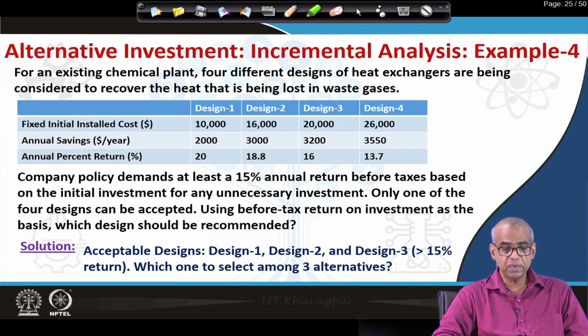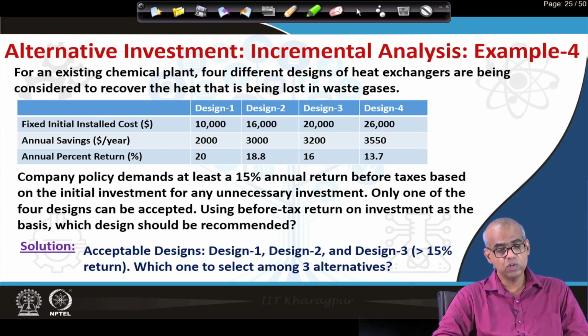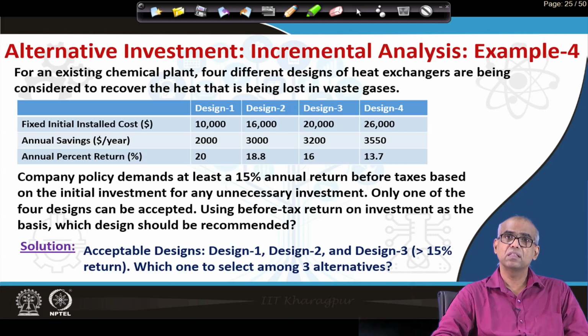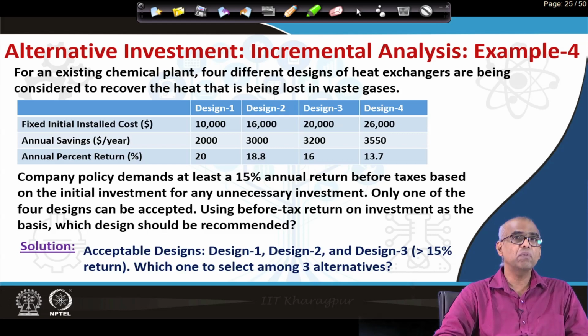So, I have to compare design 1, design 2 and design 3 and select the best one. Design 1 is the acceptable design which requires minimum investment, so let us consider this as the base case. This is the base plan. So, design 2 and design 3 will be compared against design 1, and by doing incremental analysis we will see whether further investment is recommended or not.